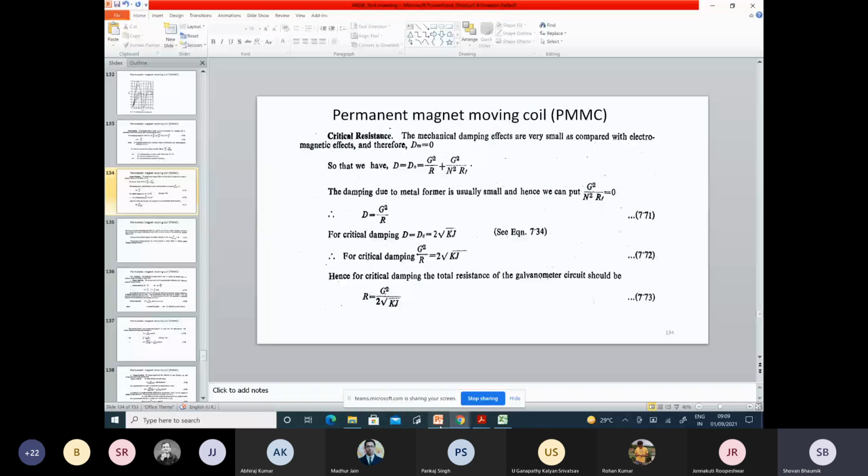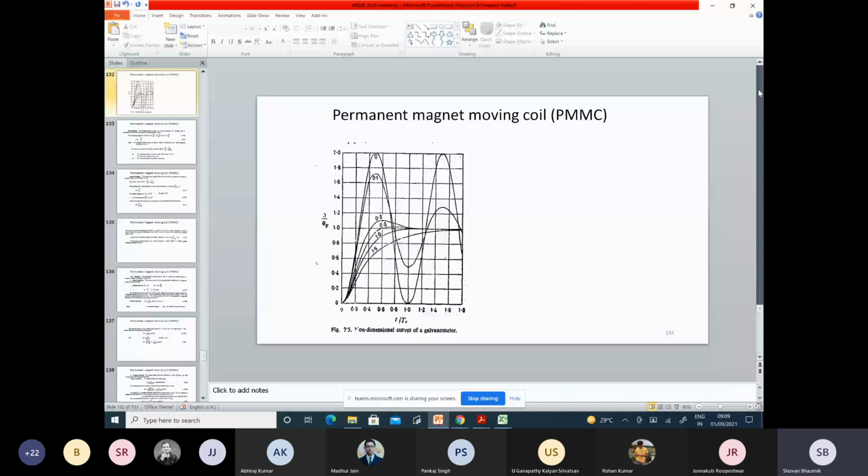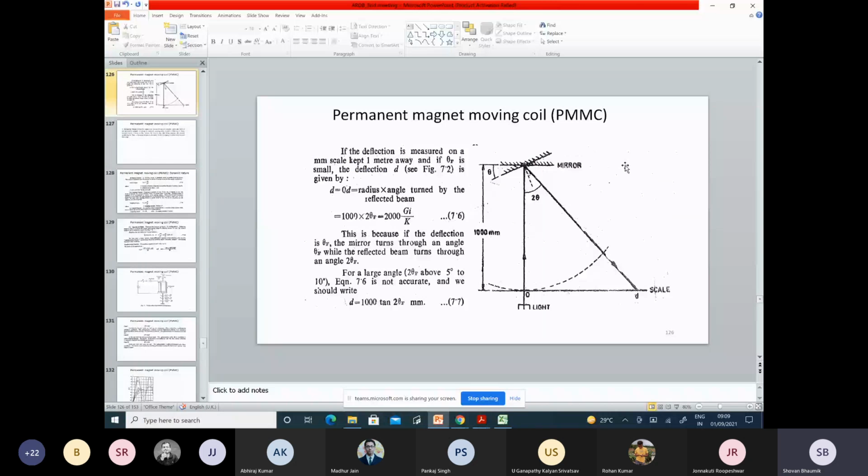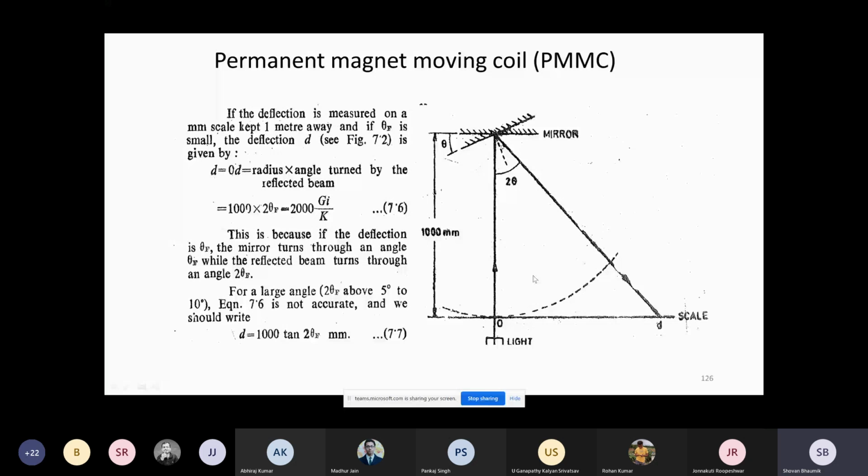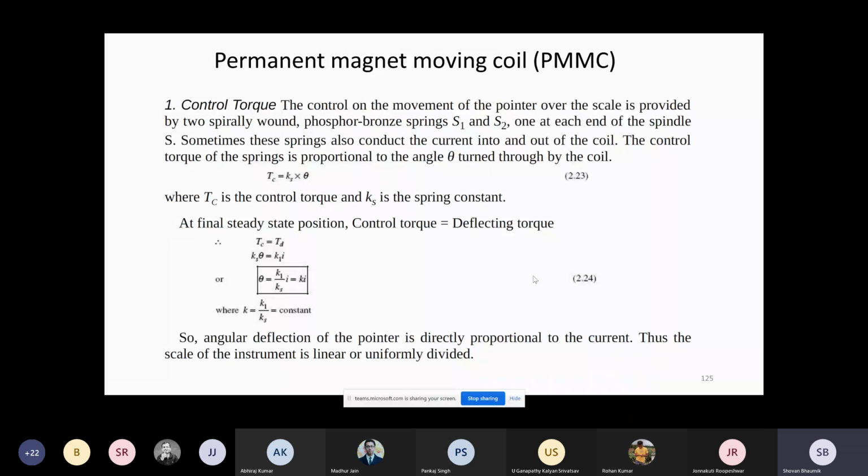So what we were doing, we were basically reading the PMMC instruments. In the last classes, we tried to find out, for a fixed amount of input or time invariant input, what will be the deflection.